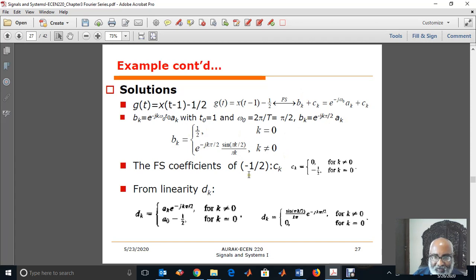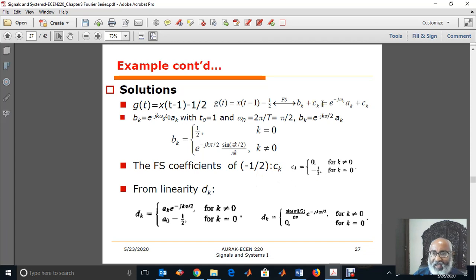Then what is the Fourier series of c_k? c_k is the constant part, negative half. The Fourier series of c_k is just a DC constant part, equal to minus half for k equal to 0, and 0 for k different from 0. If you have any constant number, its Fourier series representation is itself because it's DC, it's constant. So c_k is minus half.